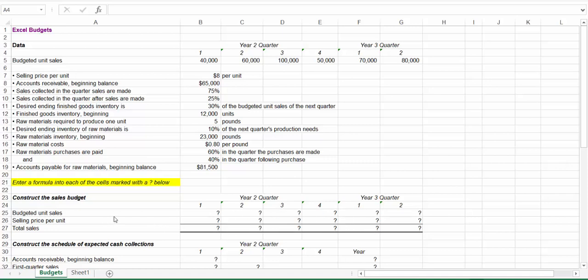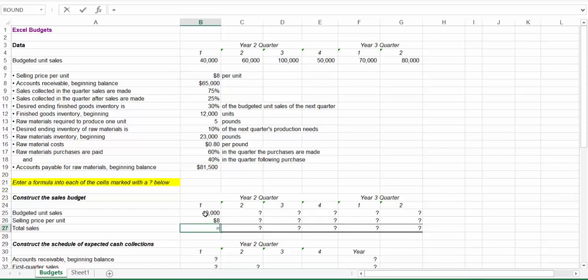I'm going to first put in a little piece of the sales budget. This is very easy. This is just going to be equal to our first quarter sales. And second, this is year 2. First quarter, second quarter, third quarter, fourth quarter. And then our selling price per unit is $8.